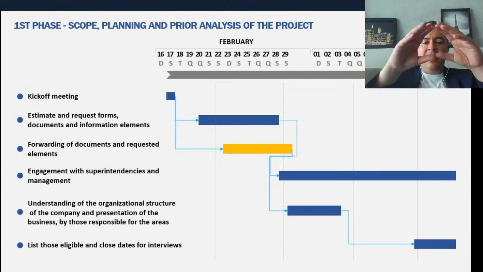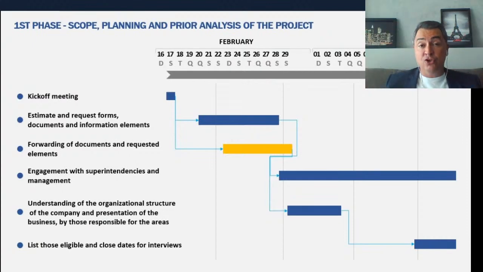So first we had an overview of the organization structure, but now we need to schedule a date with every manager of every single area of the company, because we are going to interview the managers. During this interview, we want to ask many things about personal data.